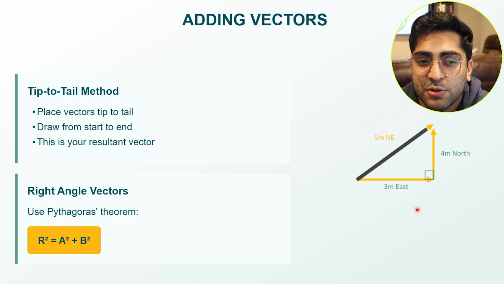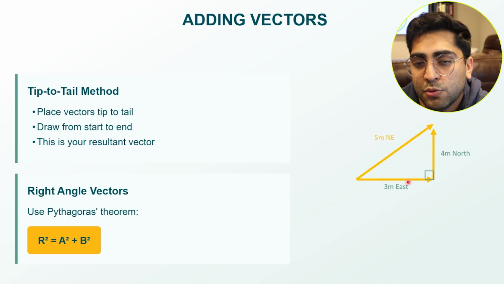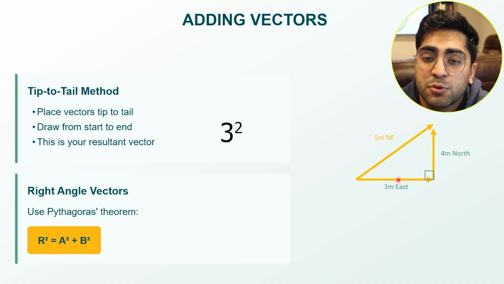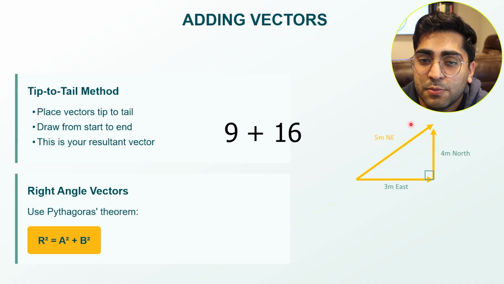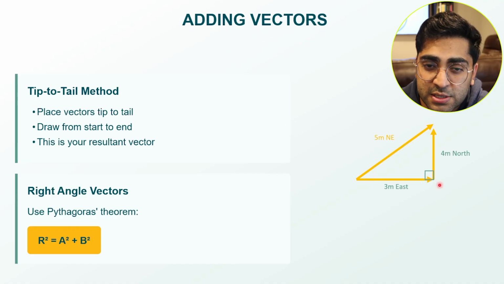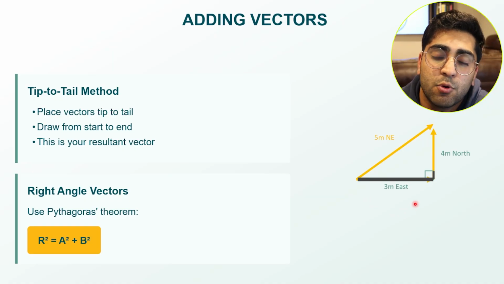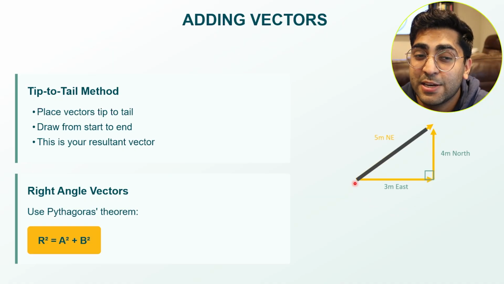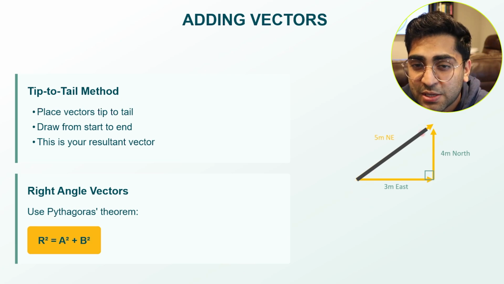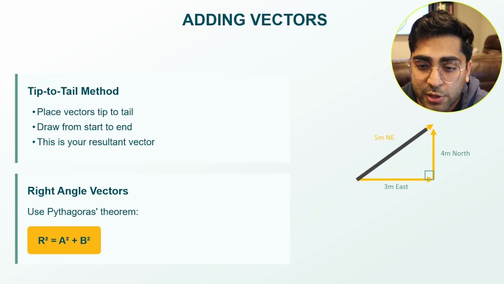The way you do this calculation is with Pythagoras' theorem: 3 squared plus 4 squared, so 9 plus 16, gives you 25. You square root that to get 5 northeast. So this is essentially a 3, 4, 5 triangle, where you're traveling 3 east and 4 north, which is a total displacement of 5 northeast from your starting location.